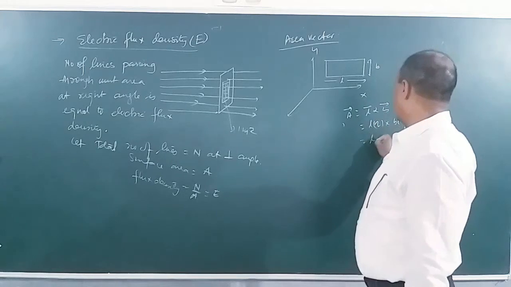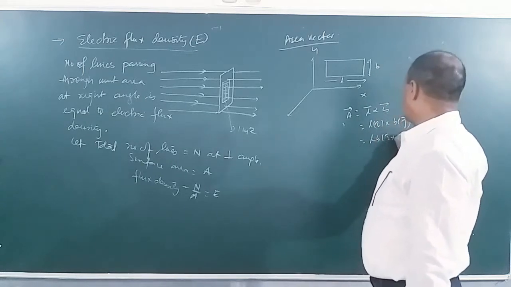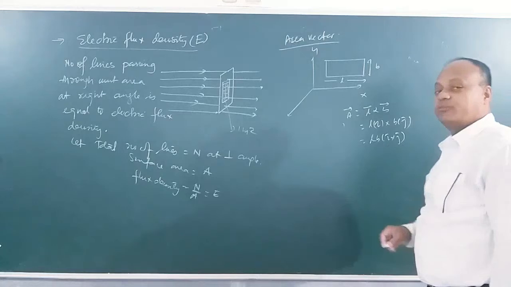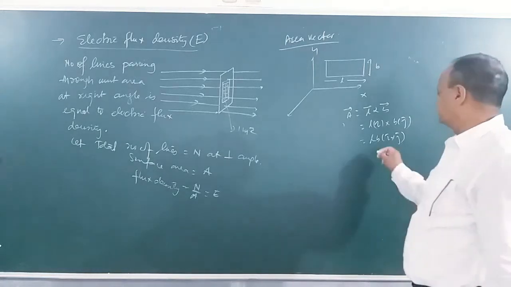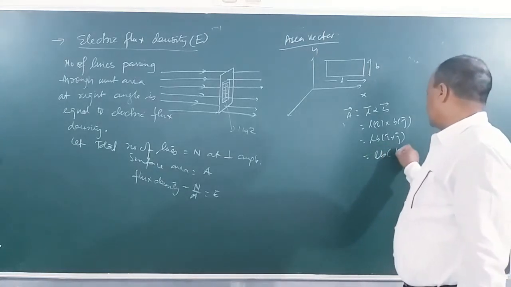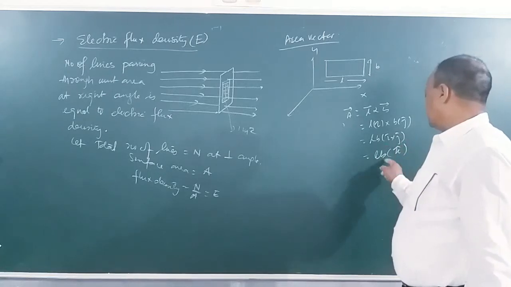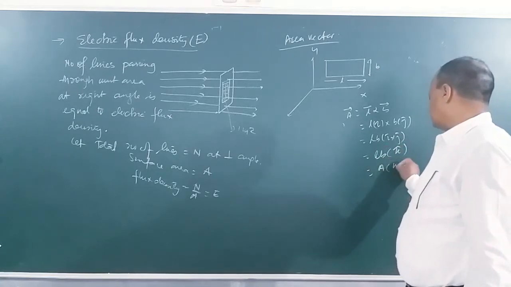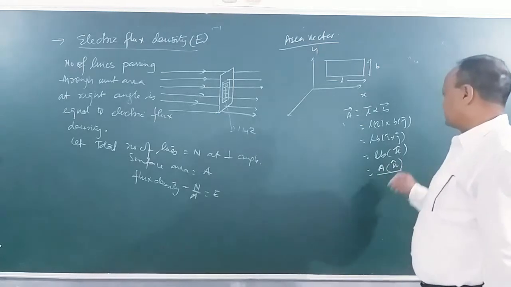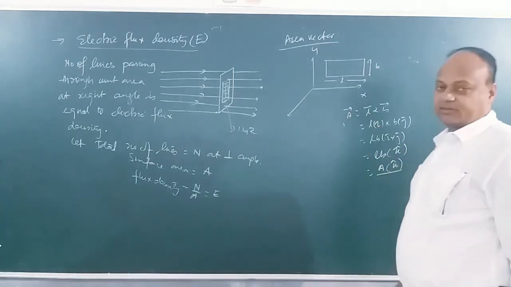If I multiply it, I get L into B, i cross j, and i cross j is k. So it is L B into k. L B is the area A, so A into k. So this has become the area vector, the A vector.